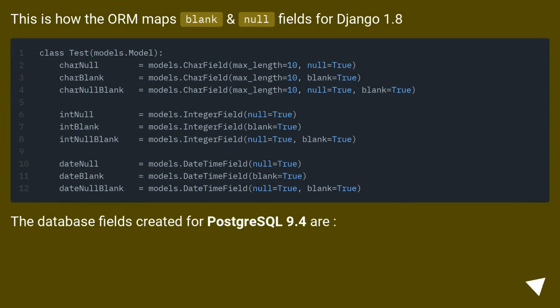This is how the ORM maps blank and null fields for Django 1.8. The database fields created for PostgreSQL 9.4 are as follows.